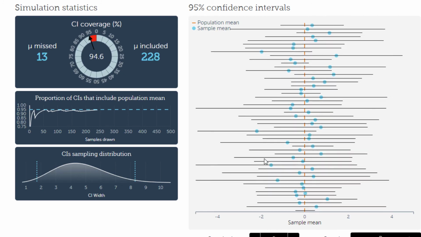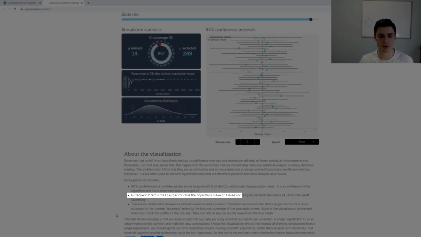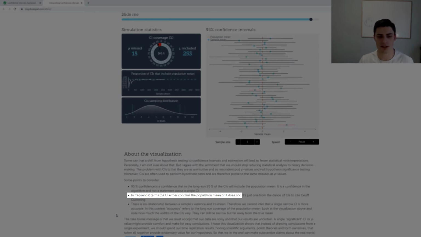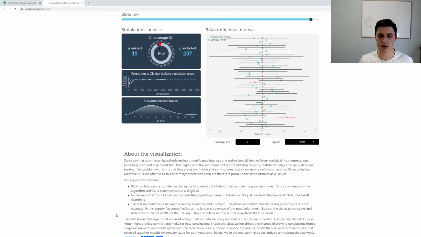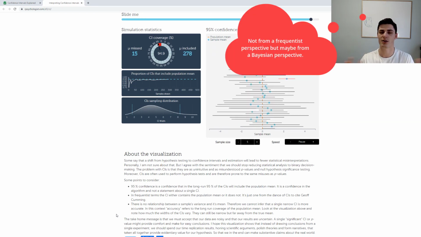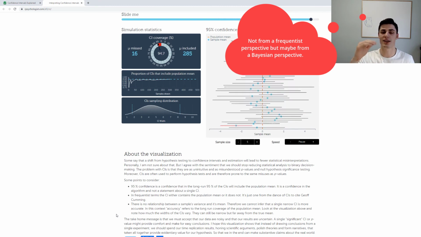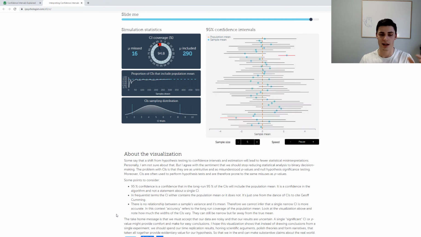But for each line, we can't say that we're 95% sure it's there. In frequentist terms, the confidence interval either contains the population mean or it does not. It's either that it catches the red dashed line or it doesn't. You can't say that we can be 95% confident that this particular one has it.